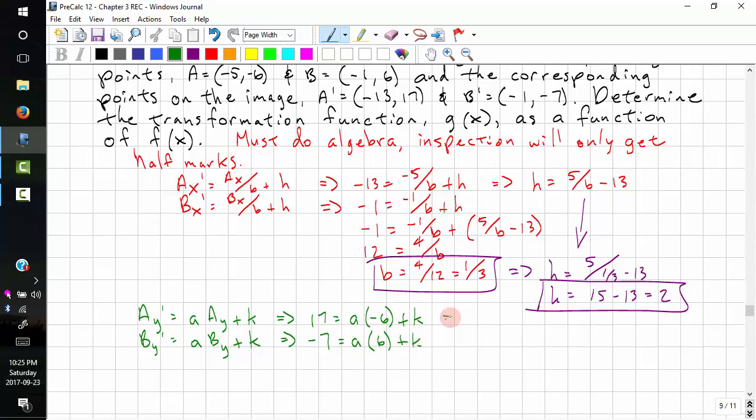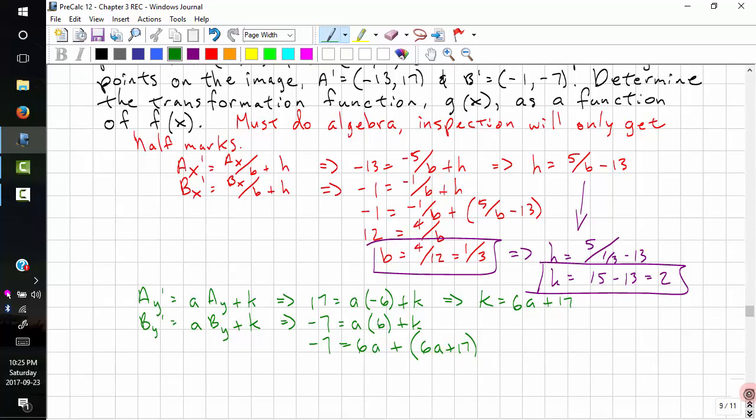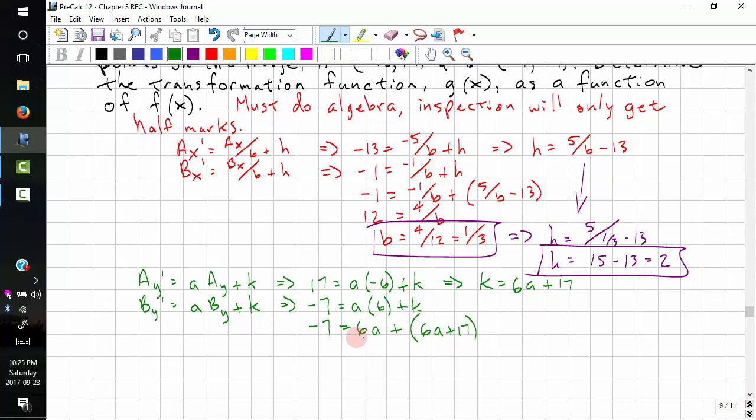Again, it doesn't matter which one we use. I'm going to convert this one. K equals, this goes over to the other side, it becomes positive 6A plus 17. We substitute it into here. We have -7 equals 6A plus 6A plus 17. We solve for A, combine these two, we get 12A.